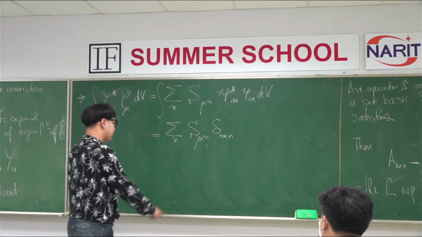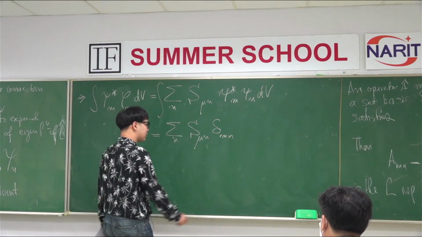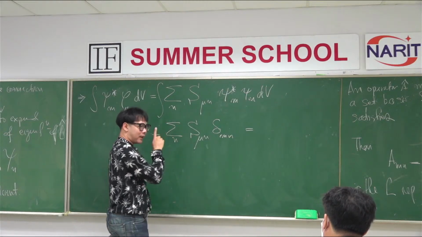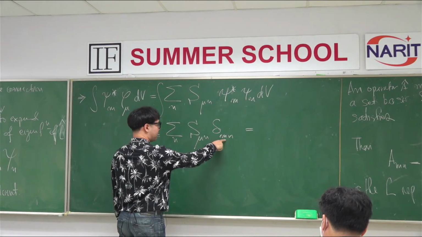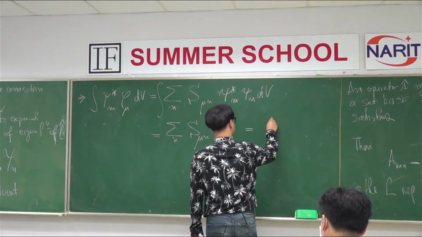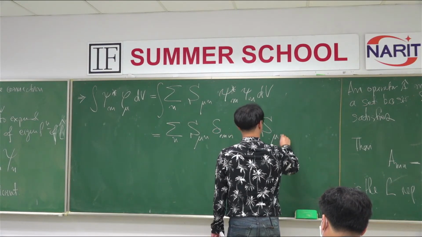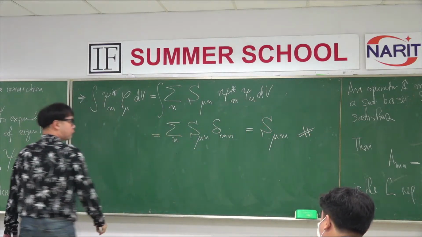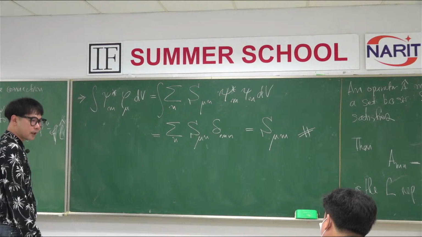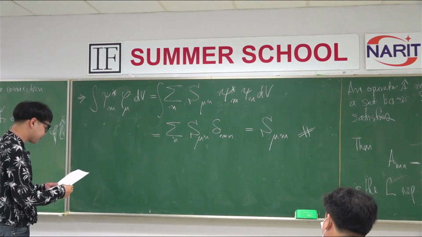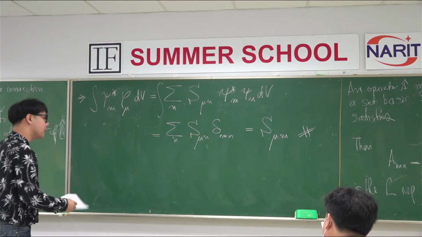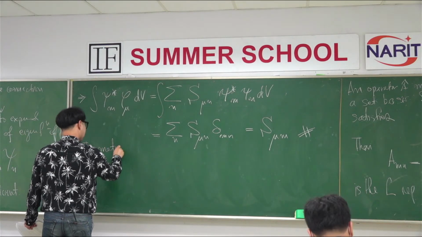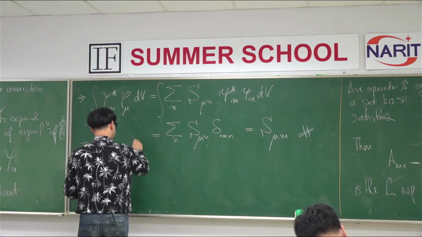By looking at this equation, this delta function will select only one term, that m equals n. So now you know what the coefficient looks like.